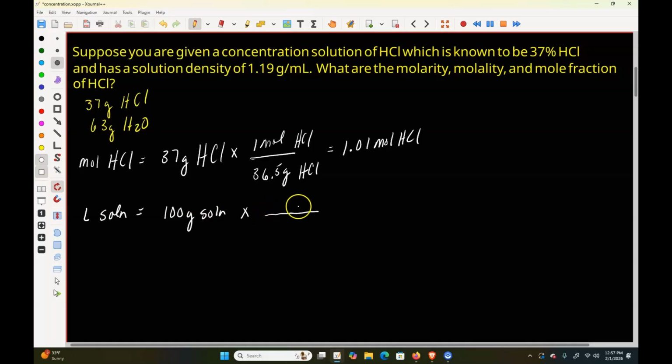So I'm going to put 1 milliliter on top, and the 1.19 grams of solution on the bottom. And this has to be in liters. So I'm going to say 1 liter over 1,000 milliliters. It tells us that we have 0.0840 liters of solution.